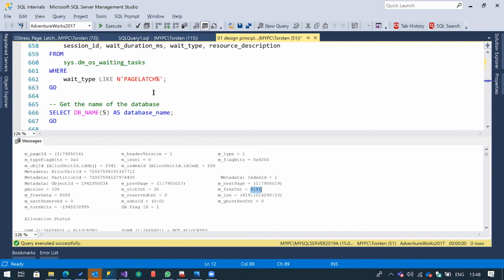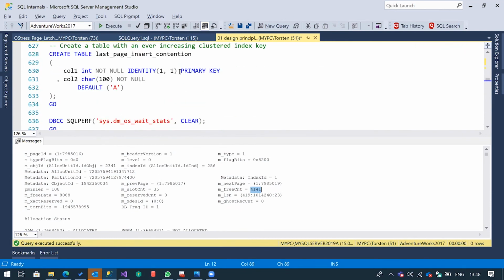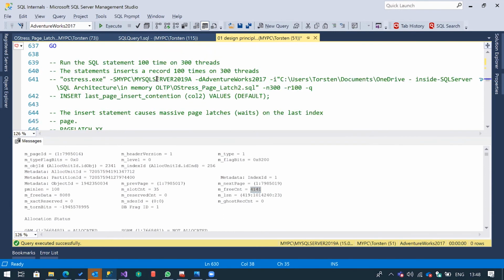And because we have a clustered primary key with an identity, that means all 300 threads which are running 100 times in parallel, so concurrently, will insert into the same page over and over again, because SQL Server has to ensure that, because of the structure of the balanced tree, it will insert in the right order. Therefore, the rightmost page in the leaf level of your balanced tree becomes a bottleneck.